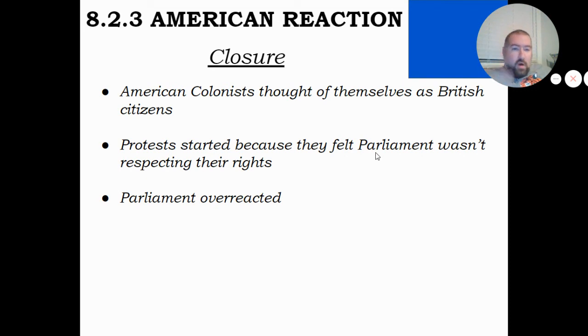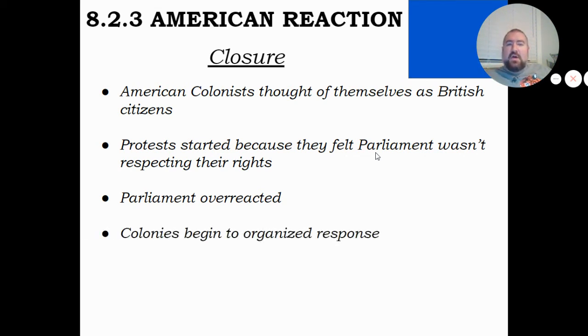So, all of this stuff was happening, and all of this overreaction from the British government, from Parliament, made the colonies say, okay, it's not enough that we do this just one at a time. We need to join together to organize a bigger and more impactful response. And this is not the first time they've done this.